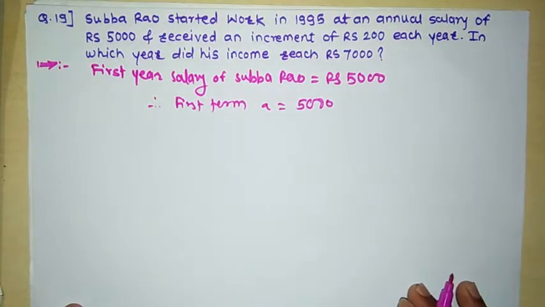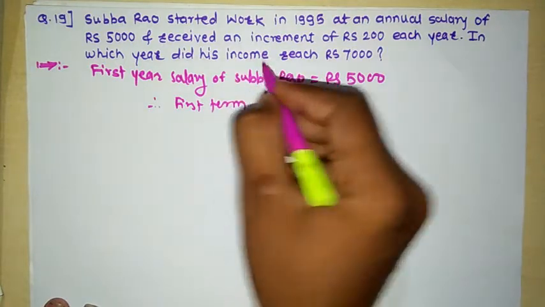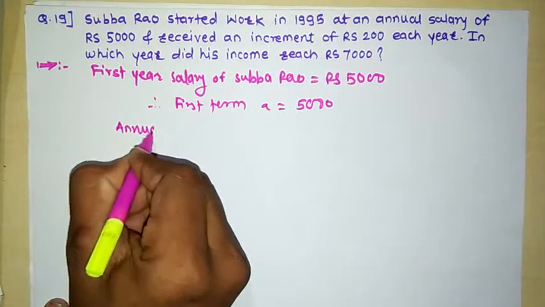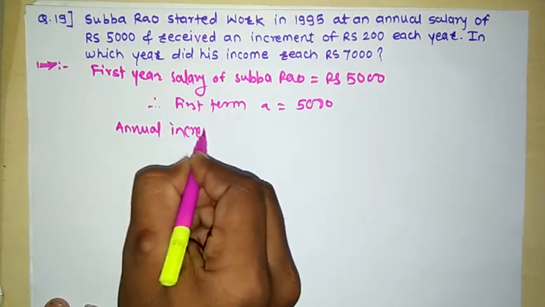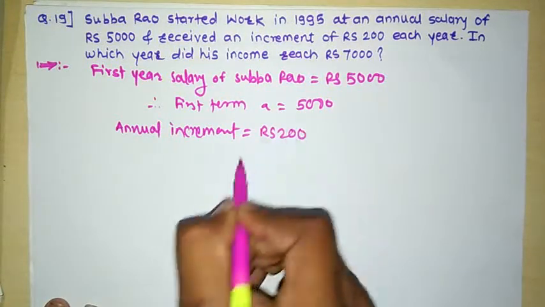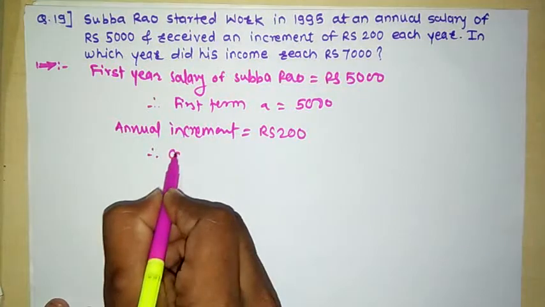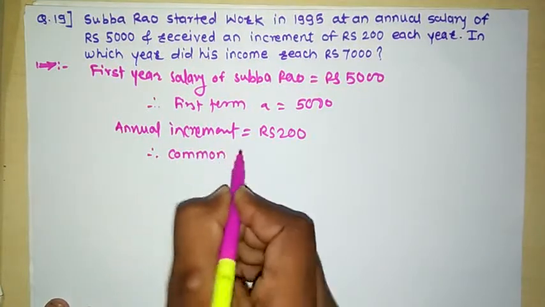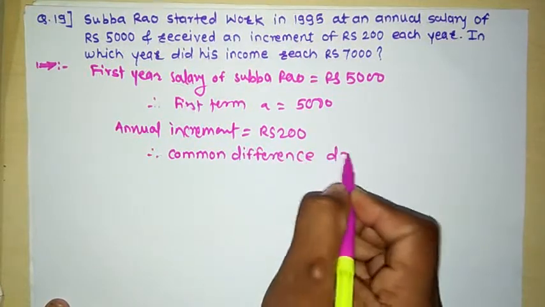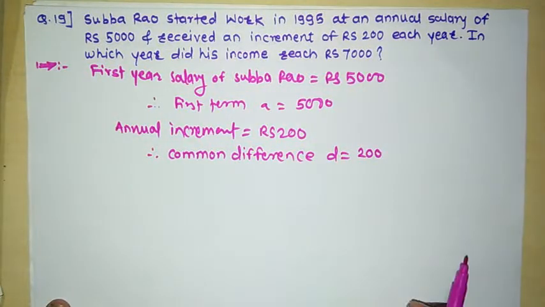Then what is the annual increment? Annual increment is equal to rupees 200. Therefore, common difference d is equal to 200.